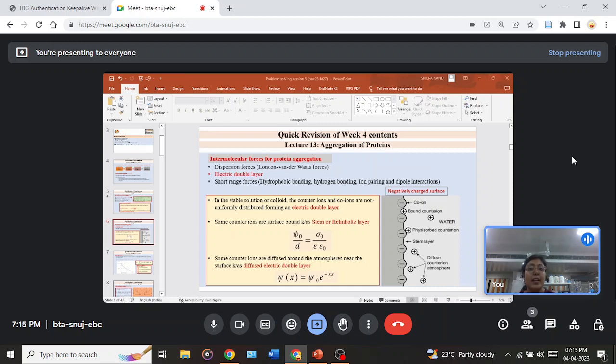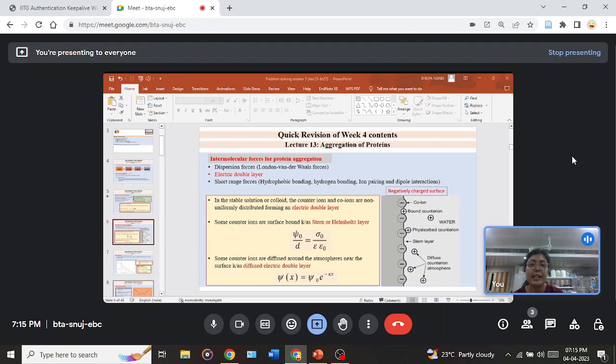Second is the electric double layer, and third is short range forces, which include hydrophobic bonding as well as hydrogen bonding, ion pairing and dipole interactions. We already discussed dispersion forces and short range forces, but this electric double layer term is new for you.